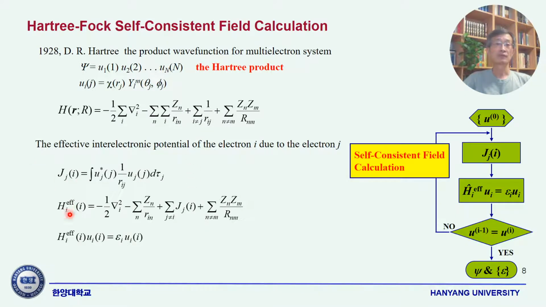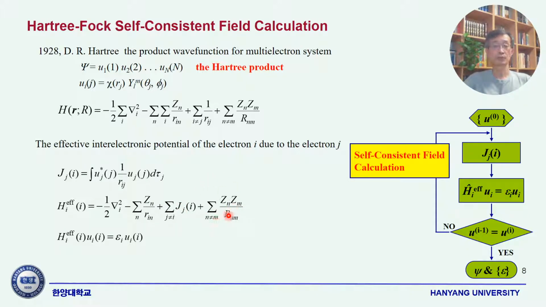Then the effective Hamiltonian for electron i is electron i's kinetic energy and electron i's nuclear attraction energy, and also the sum over j not equal to i of this Coulomb energy, and also the nuclear arrangement as a parameter.